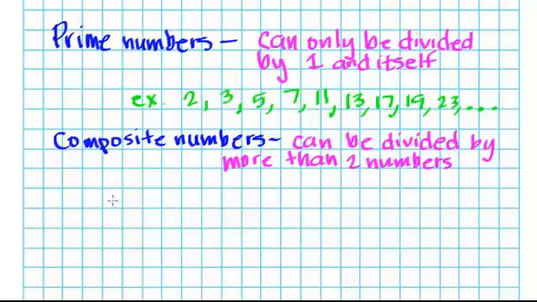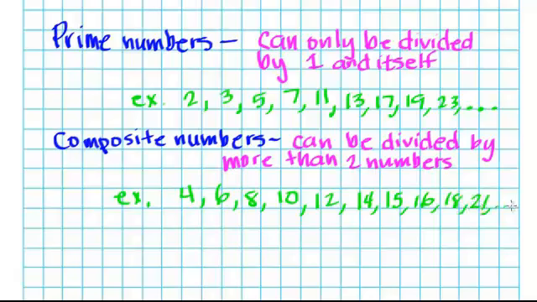Examples of composite numbers are numbers such as 4, 6, 8, 10, 12, 14, 15, 16, 18, 21, and they continue.